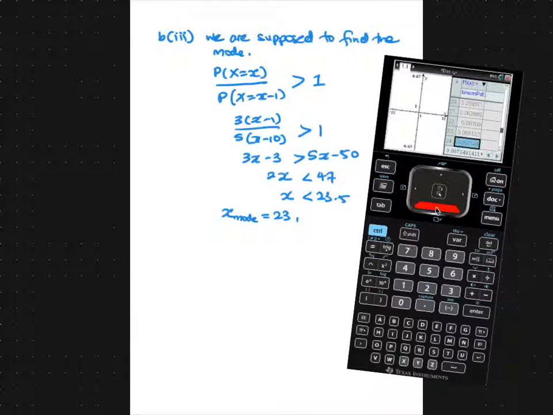As you scroll down, you will find that 23 gives you the highest probability.